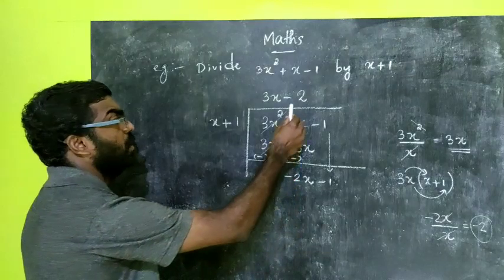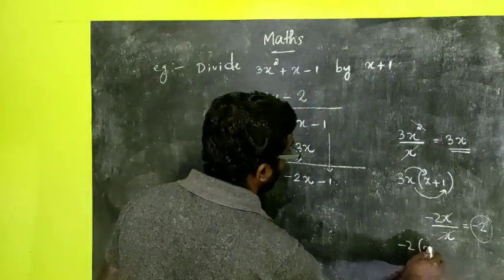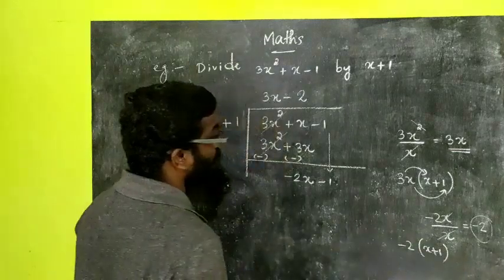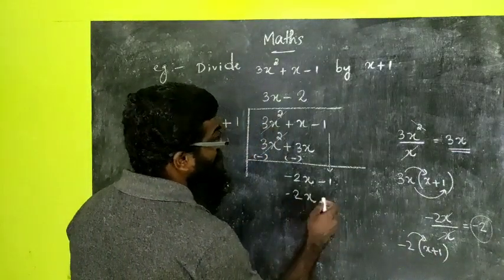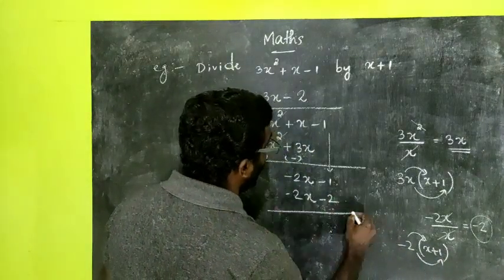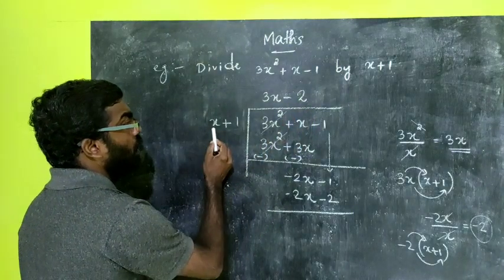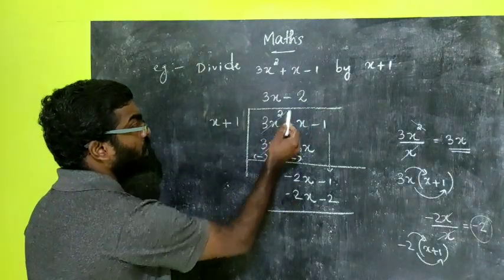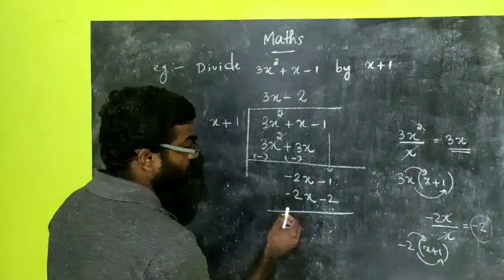Again multiplication: this minus 2 into x plus 1. Minus 2 into x is minus 2x and minus 2 into 1 is minus 2. Again we can subtract.